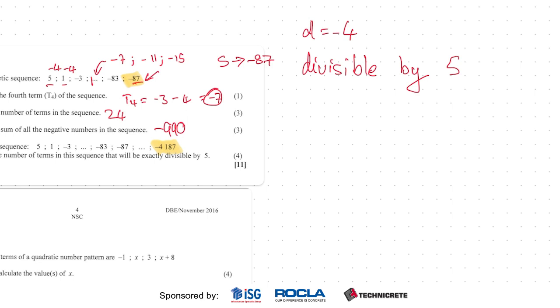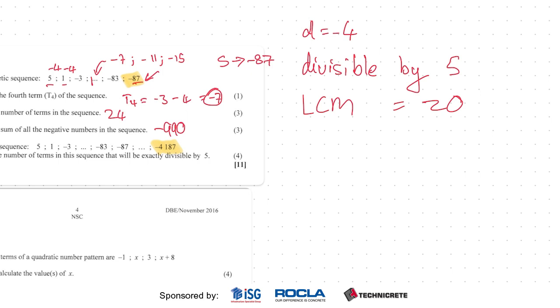That means the lowest common multiple of 4 and 5 is 20. I suppose the negative and positive signs don't really matter for now.